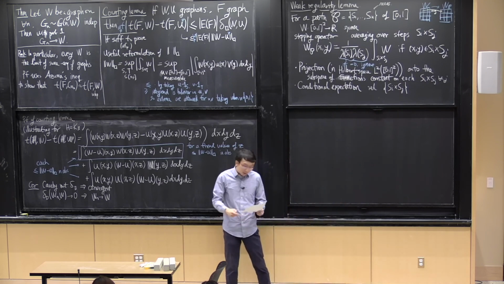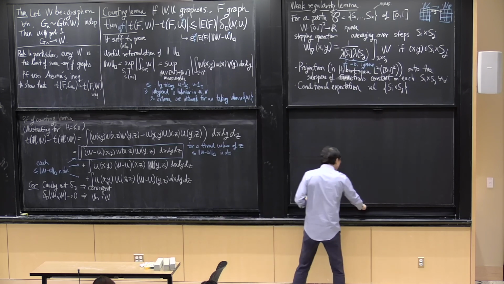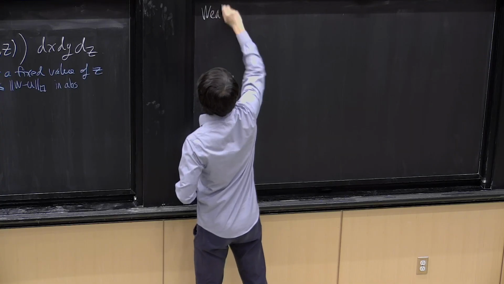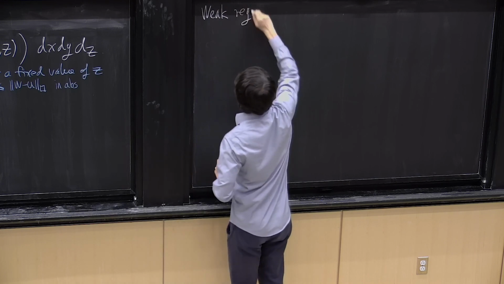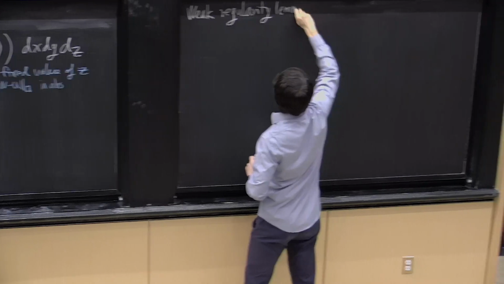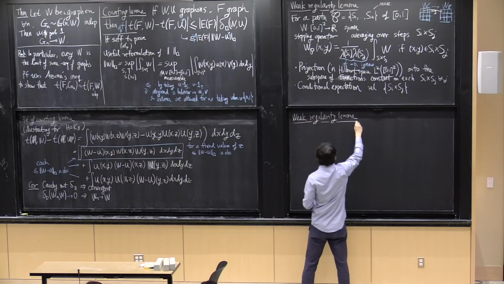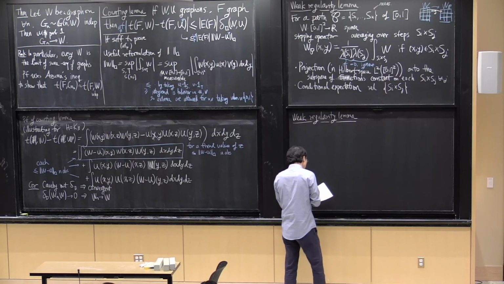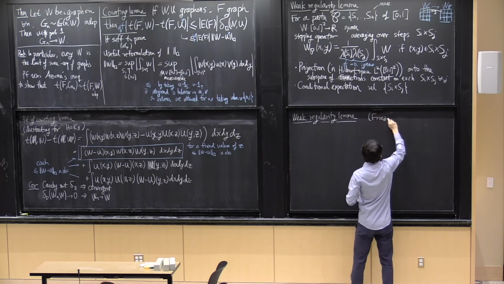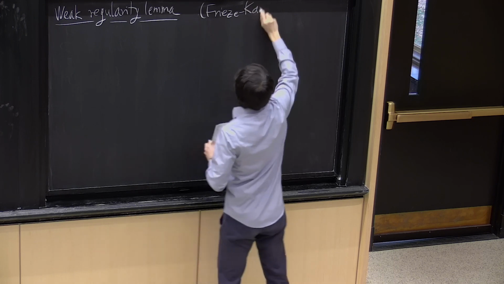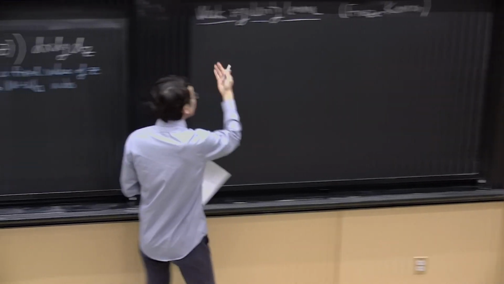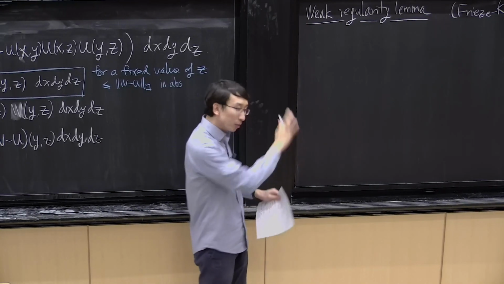Okay, so now let me state the weak regularity lemma. The weak regularity lemma is attributed to Frieze and Kannan. Although their work predates the language of graph functions, so it's stated in the language of graphs, but it's the same proof.